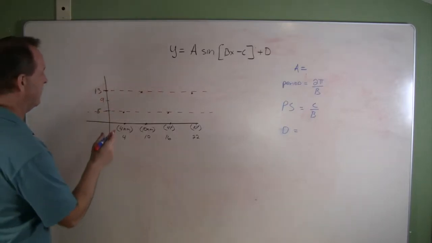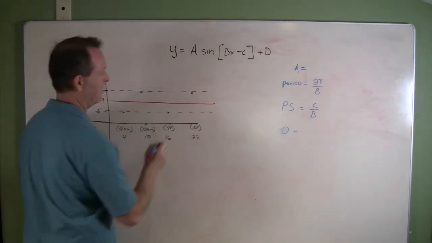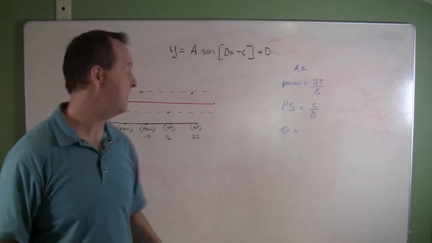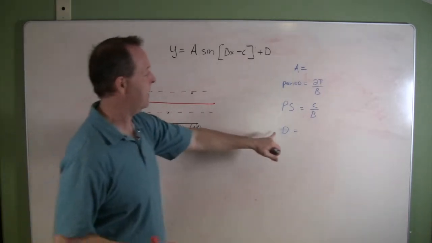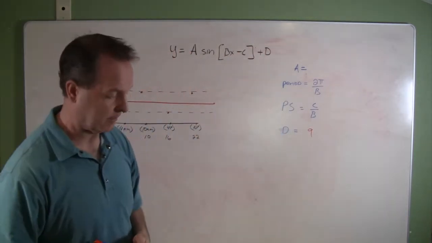So we would say then that its graph is at 9 feet at its normal position, or 9 feet above sea level. So we're going to say that its rise, or its D, is 9 feet.